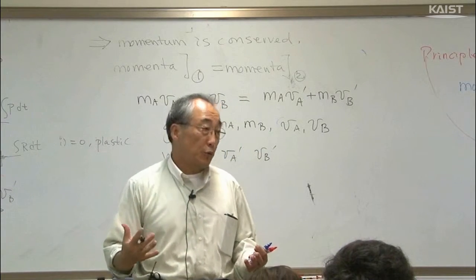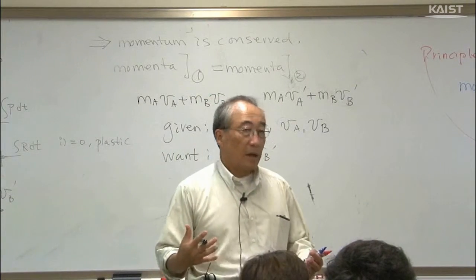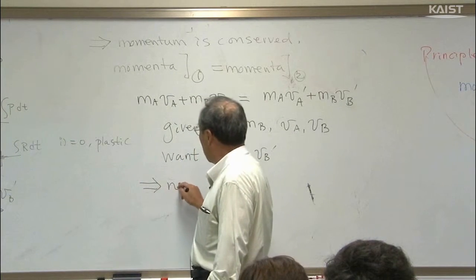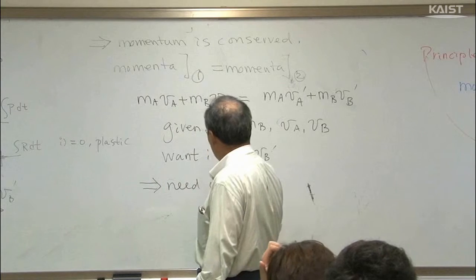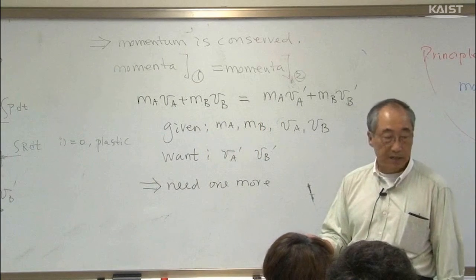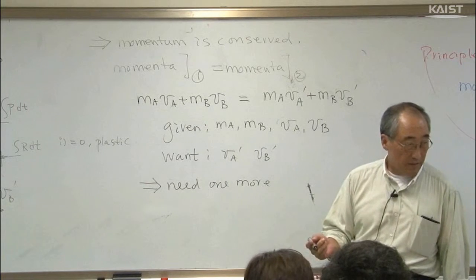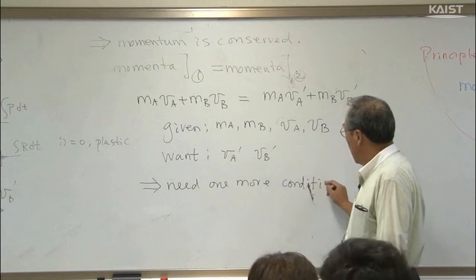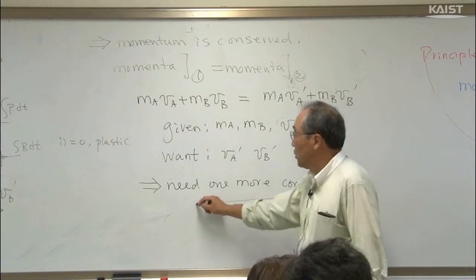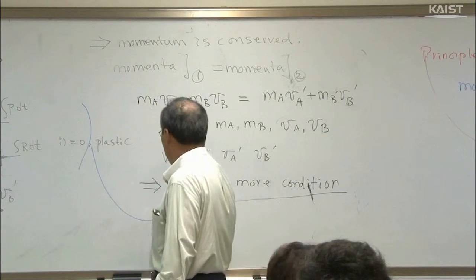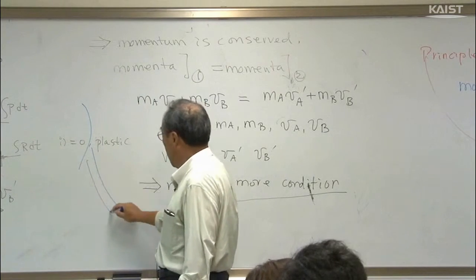And I have only one equation. So that logically means that we need one more equation, or constraint, or condition. What is it? Where will this condition come out? Obviously, it will come out from this physical observation.